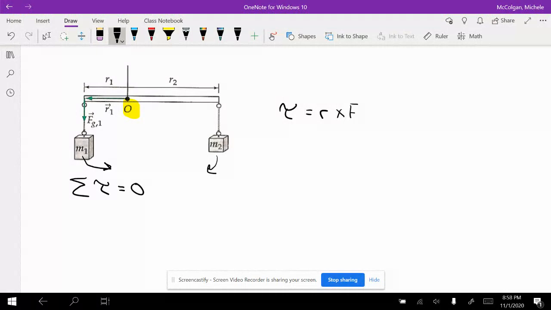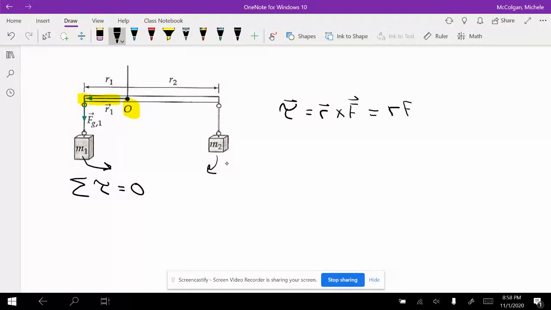and the R here is R1. We're going to use this R term right here as our R1, and the force that M1 is applying is right at the end of the rod. So our R cross F, they're all vectors, F is perpendicular to R, so I can just say the torque is RF.